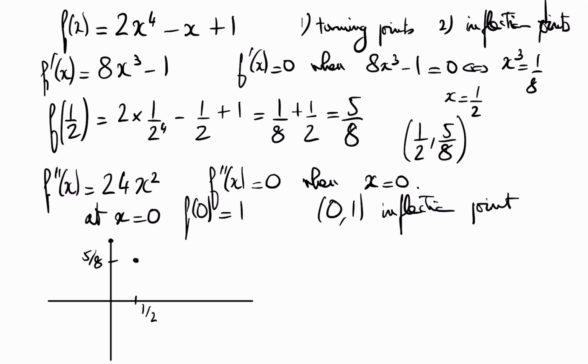So it comes from there, so it must be a local minimum, so it must be like that. And yes, it's coming up that way. That's what the graph must look like.